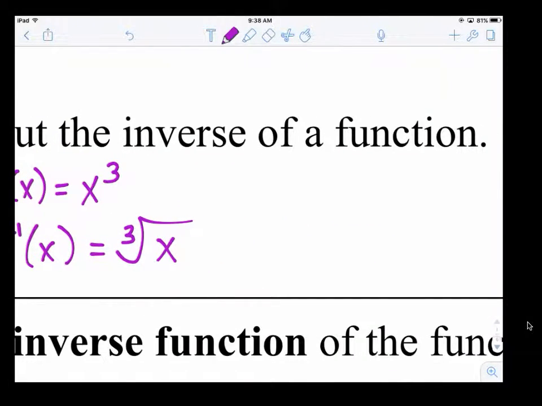What's another one? Say f of x is sine of x. What would the inverse be?